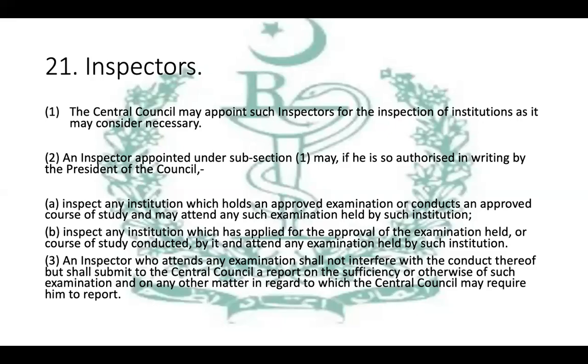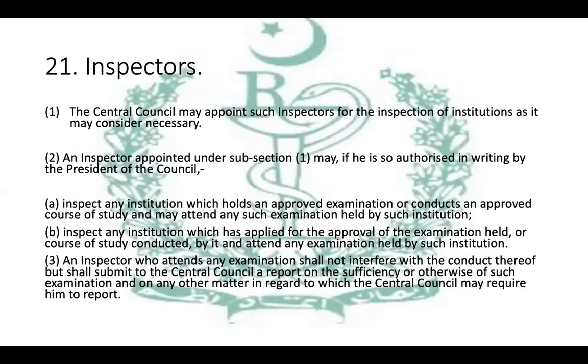Section 21(2)(b) says, what he has to do? Inspect any institution which has applied for the approval of the examination held or course of study conducted by it, and attend any examination held by such institution. So some have applied for such approval.